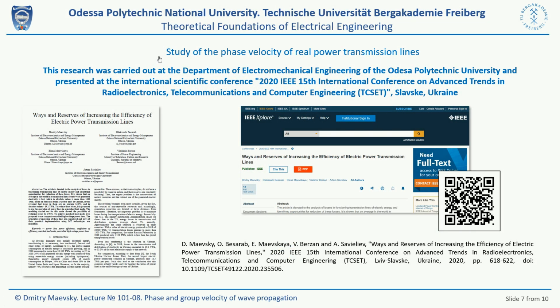Now that we know how to calculate the phase velocity of waves in a line with distributed parameters, let's determine a real value of the phase velocity in real power transmission lines. To determine it, the characteristics of power transmission lines in southern Ukraine were taken.